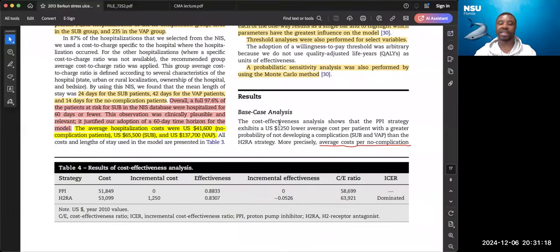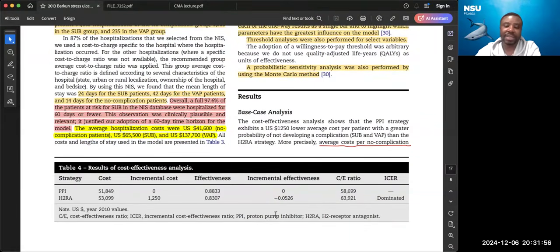What they are saying is that the cost effectiveness analysis showed that the PPI strategy exhibits $1,250 lower average cost per patient with greater probability of not developing a complication. So all that they are saying here is that you pay this extra amount for the H2 arrays, and then you get less. That's what they are saying here.